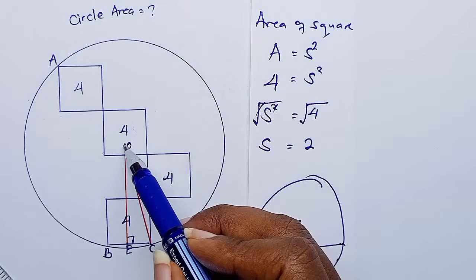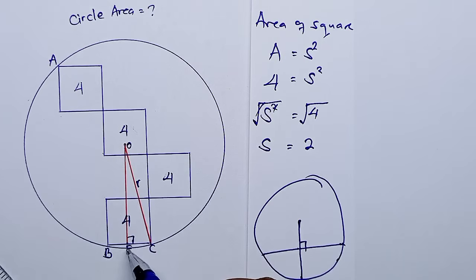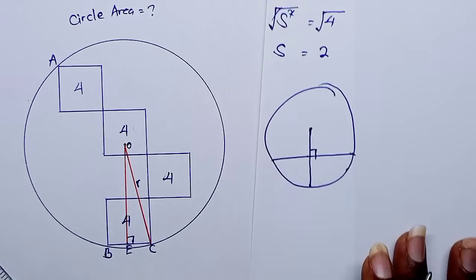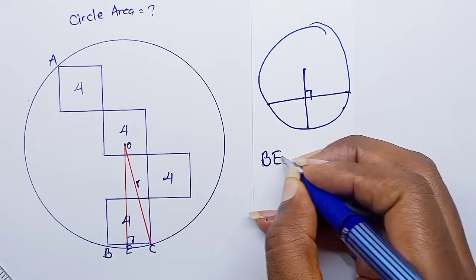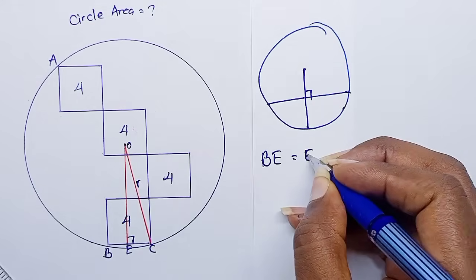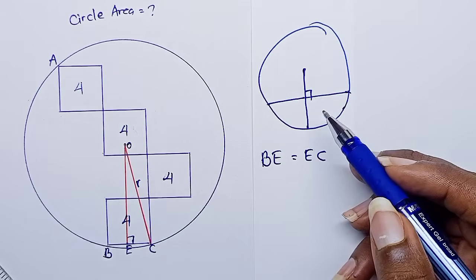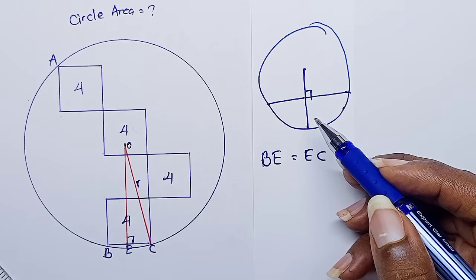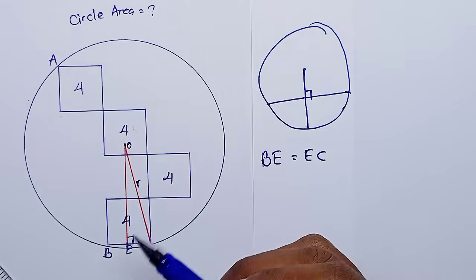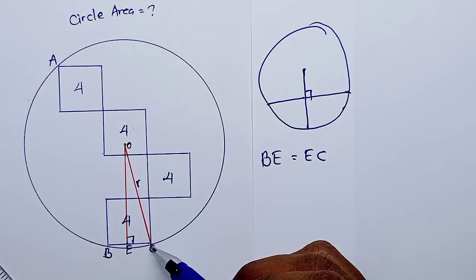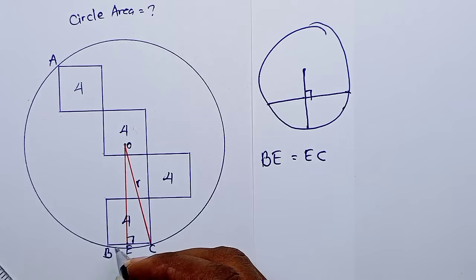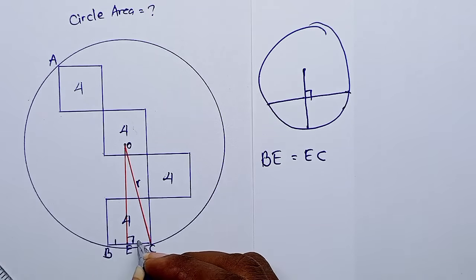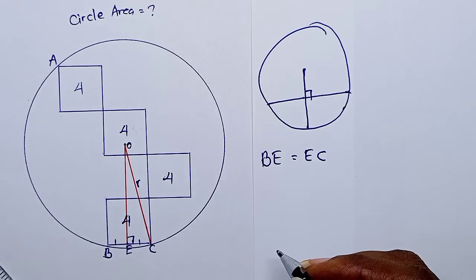If we extend it up to the circumference, it will be a radius. That implies BE is equal to EC from the chord of a circle theorem. We already know that BC, which is the side of the square, is 2. So BE will be 1 and EC will also be 1.